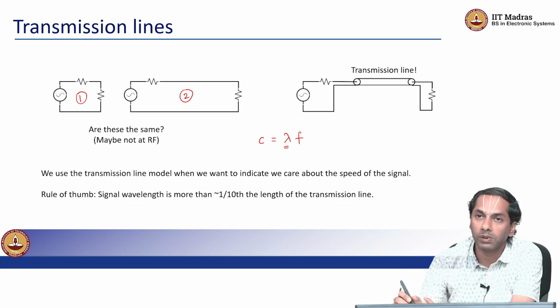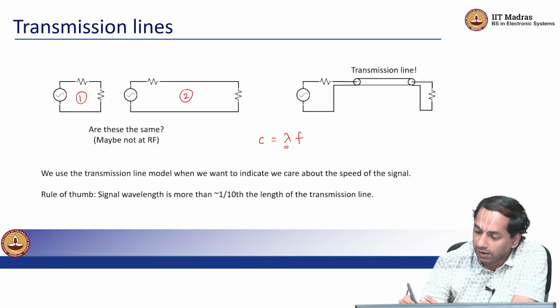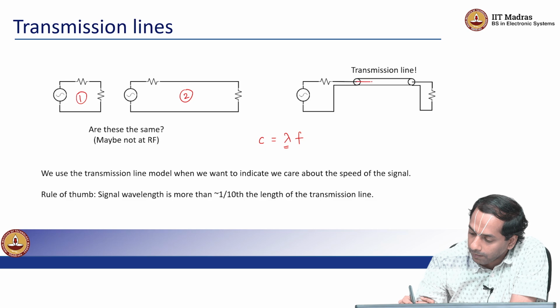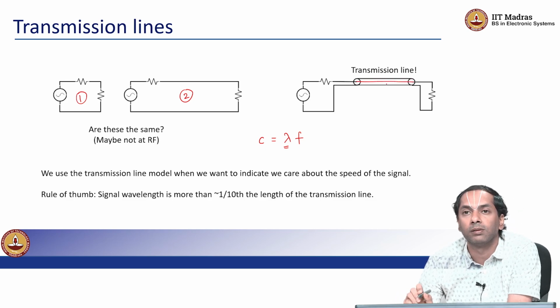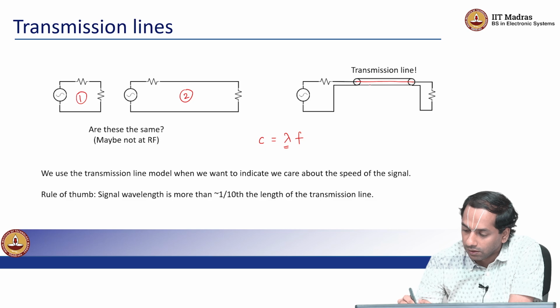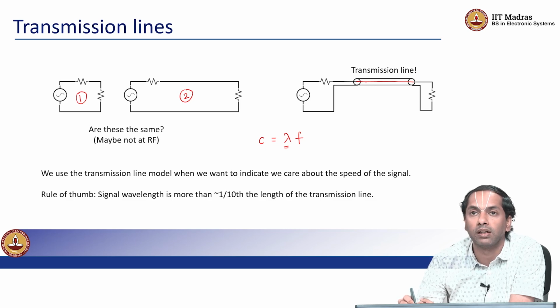So, this transmission line is essentially a pair of wires. I have shown this as a wire wrapped around with another conductor.